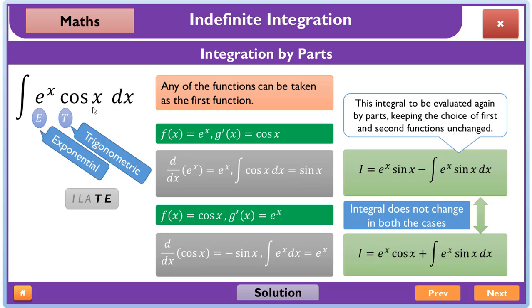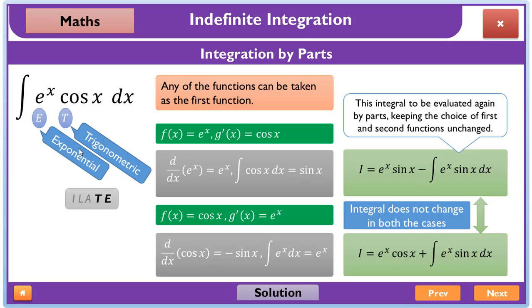Take another example, e to the power x cos x. Here e to the power x is an exponential function and cos x is a trigonometric function. So according to the ILATE guideline, the trigonometric function comes first and the exponential function comes later.